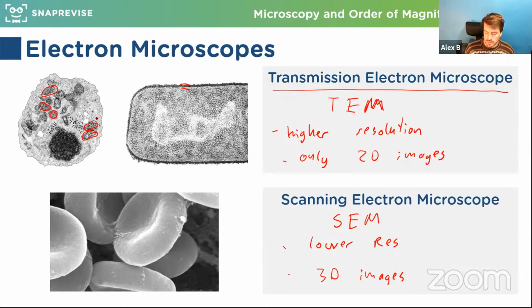The organelles are too small to see with a light microscope. You can see the nucleus and you can see the vacuole. That's kind of it. So something like this is definitely an electron microscope. If it's an image like this where it's 3D, you know it must be a scanning electron microscope. So yeah, that's how you can interpret the images.